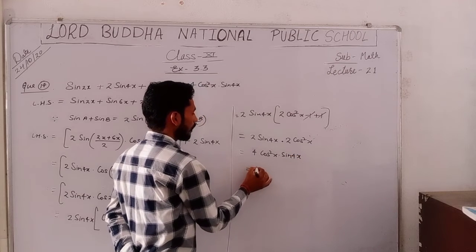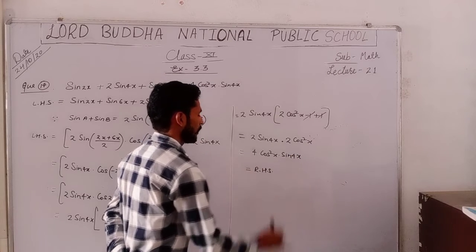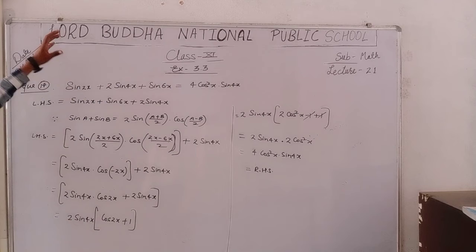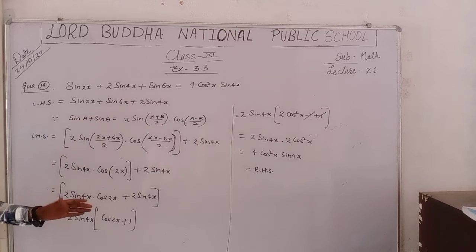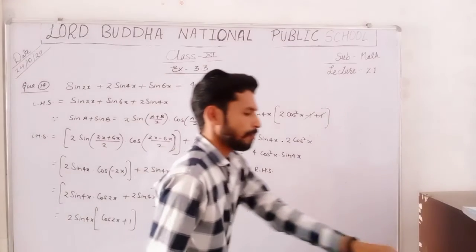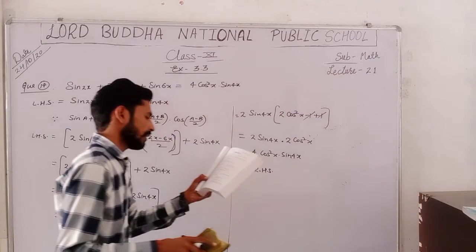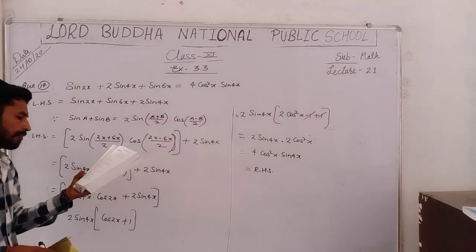That is the right hand side of this question. Using the formula of sin A plus sin B, we can solve another question. So now we will take our next question, question number 15.